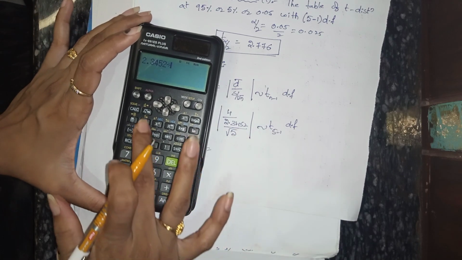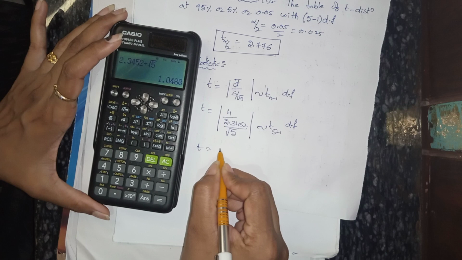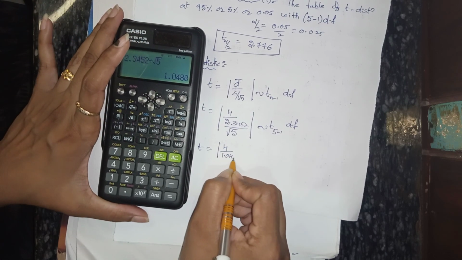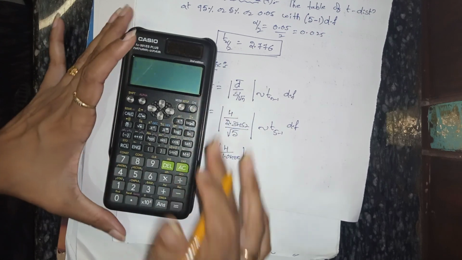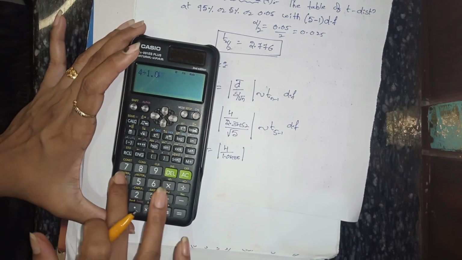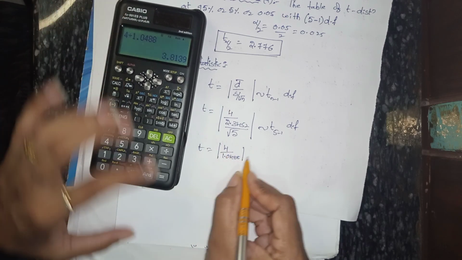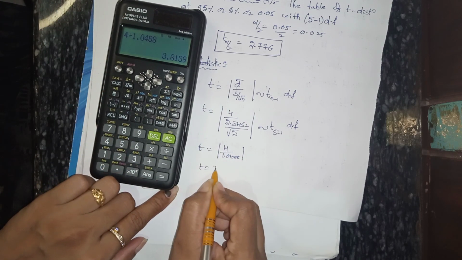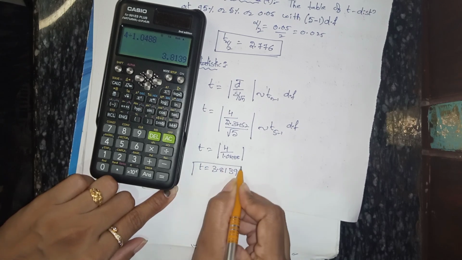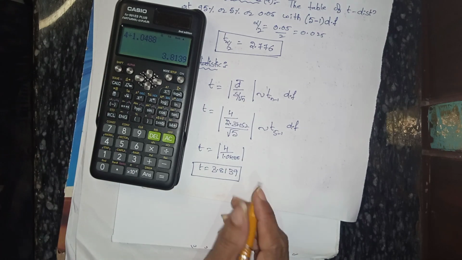Root 5 equals 2.236, so 4 by 1.0488. 4 divided by 1.0488 equals T equals 3.8139. Okay, so this is the calculated value, with 4 degrees of freedom.